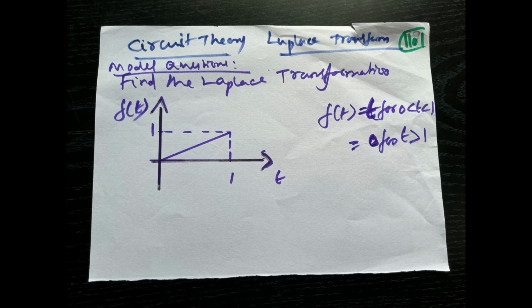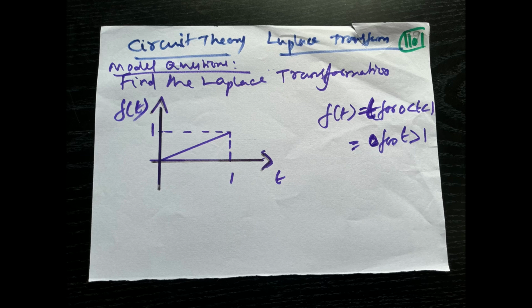That is split into two intervals, in this problem 0 to 1, f of t e power minus st dt, plus the integral of 1 to infinity of f of t e power minus st dt. In this problem, f of t is t.